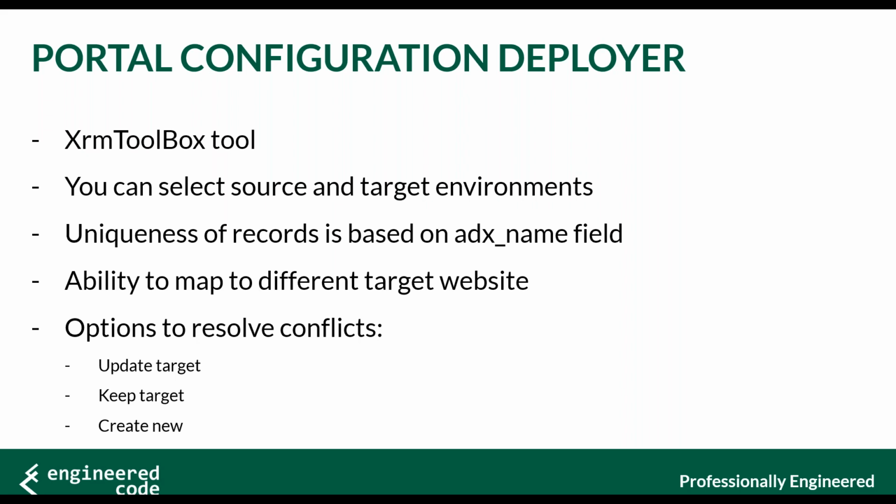And when it runs into conflicts, so if the record already exists in the target environment, it looks like there are some options where you can choose to either update the target, keep the target as it was, or have it create a new one, which I guess makes sense. If you're doing it based on the name, you can have as many records with the same name as you'd like. So that's one of the options you get there: you can say, actually just create another one with the same name.